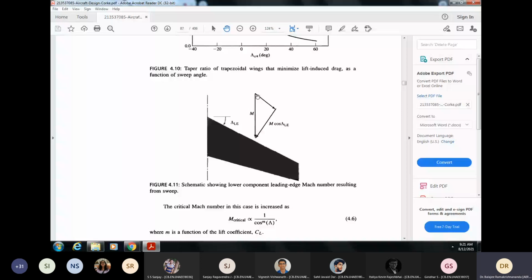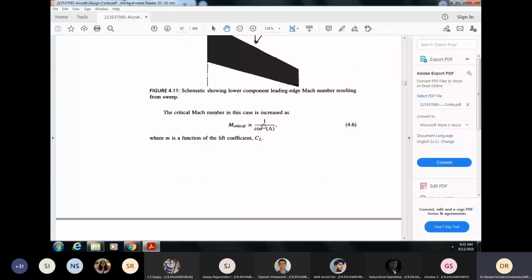That's how it is important. So the critical Mach number is also proportional to 1 by cos lambda to the power m. But actually, for a first approximation, you can say it is 1 by cos lambda.